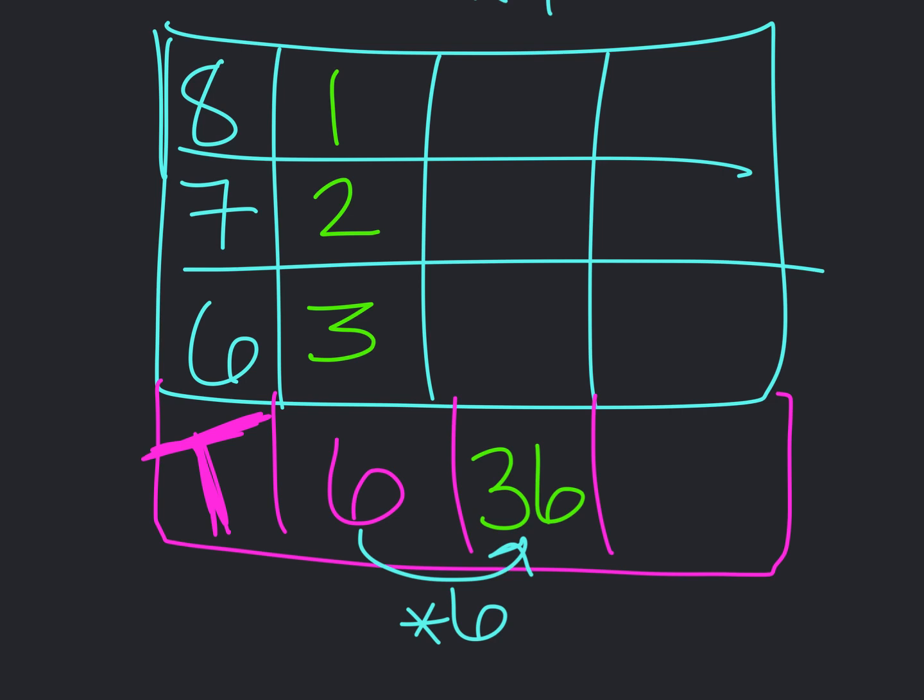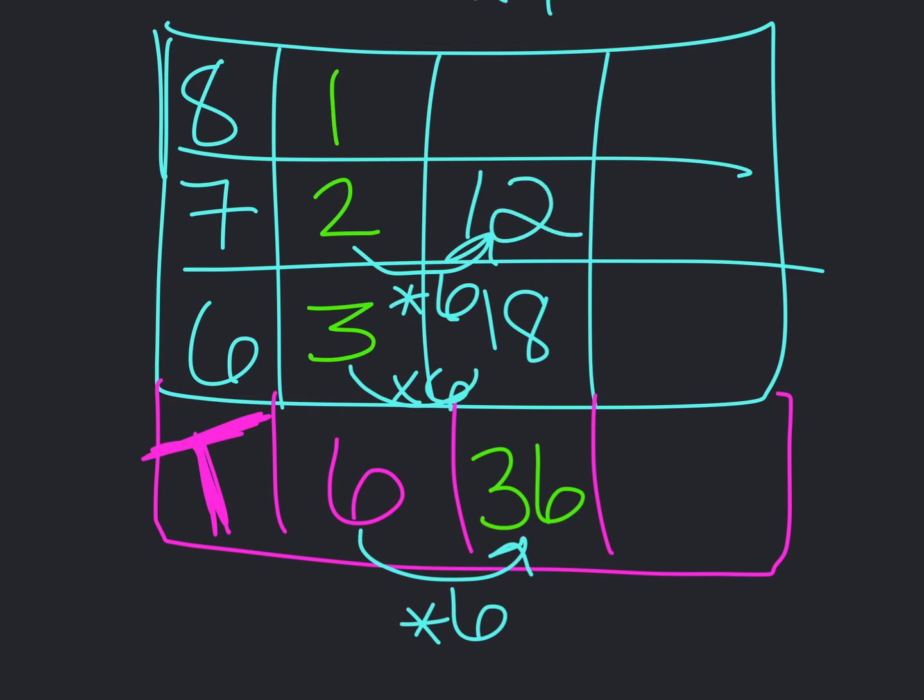So that means I have to take 3 6th graders and multiply that by 6, right? So that's going to get me 18, right? And then I'm going to take those 2 7th graders from the original team, and I'm going to multiply that by 6. So now all of a sudden I would have 12 7th graders on my new team.